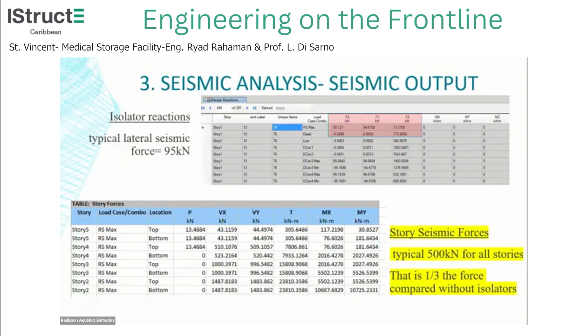So that's just a summary, 500 kilonewtons. When we did a pin base check relative to this isolator, we got 3 times the level of the force. So we're showing you already the isolators are working. The building is not feeling the full brunt of a traditional building.